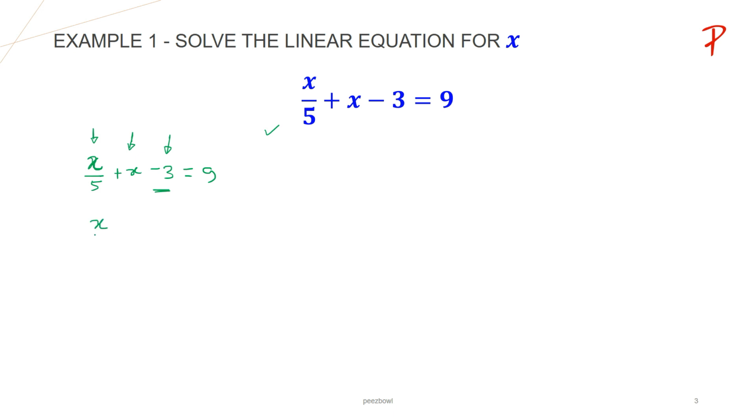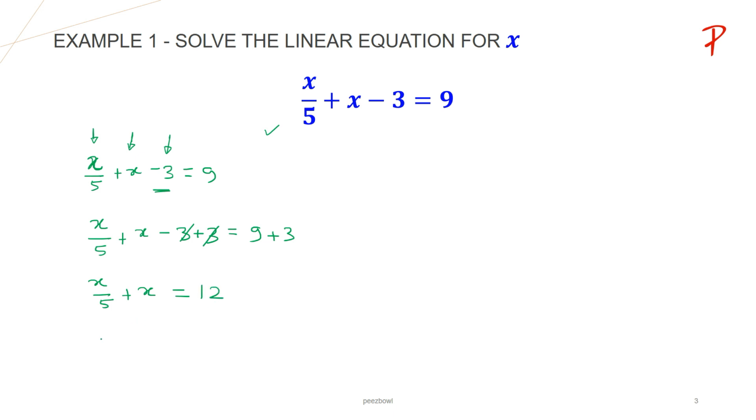For that I will write the equation as it is. Minus 3 is equal to 9. I am going to add 3 both the sides. This way plus 3 and minus 3 will cancel each other, and on the left hand side we will have only x upon 5 plus x is equal to 9 plus 3 is 12.